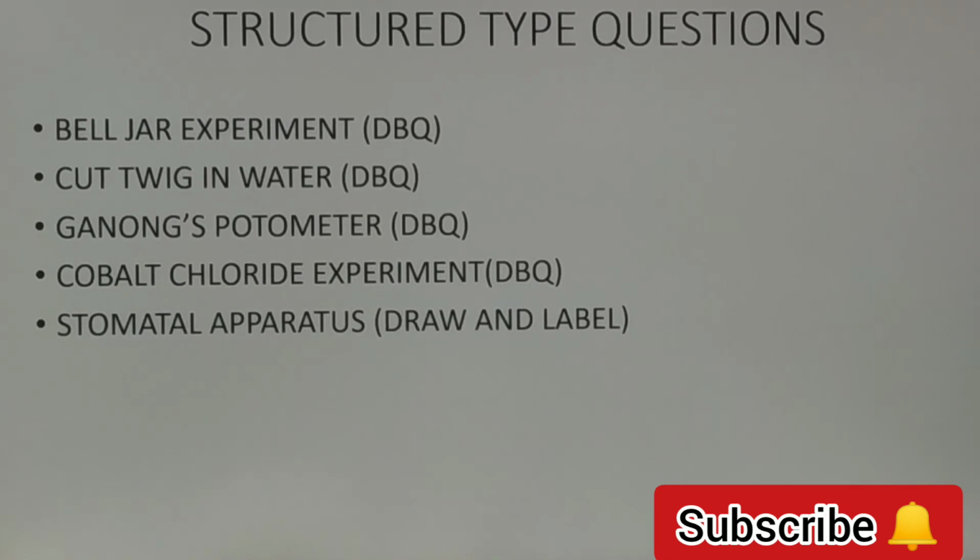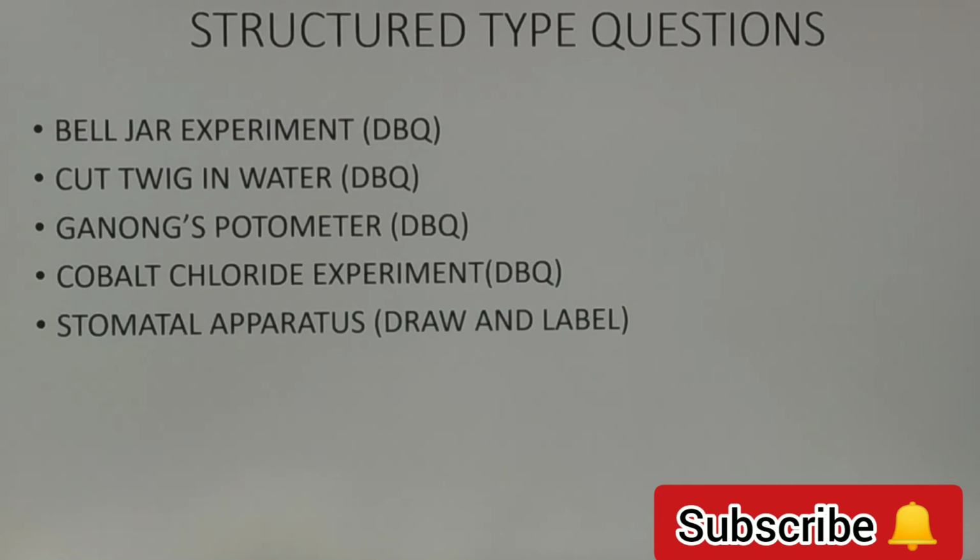You have to label the nucleus, the chloroplast inside the guard cells, the stoma, the thick inner walls, thin outer walls, the surrounding epidermal cells, all these have to be labeled. That also I have mentioned while we were discussing the structure of stomata in this chapter.